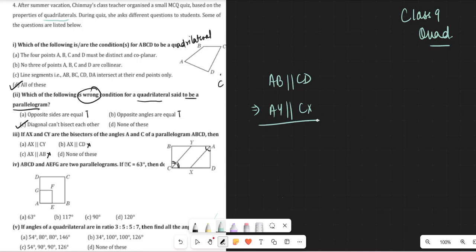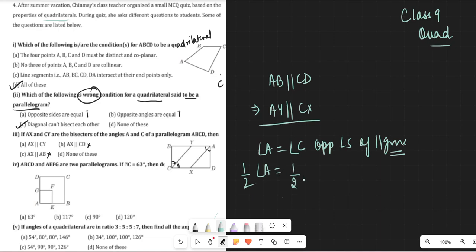If I say angle A is equal to angle C, they are opposite angles of a parallelogram. In the same way, half of angle A is equal to half of angle C. So I can say angle YCX is equal to angle YAX. These two are equal angles because halves of equals are equal.